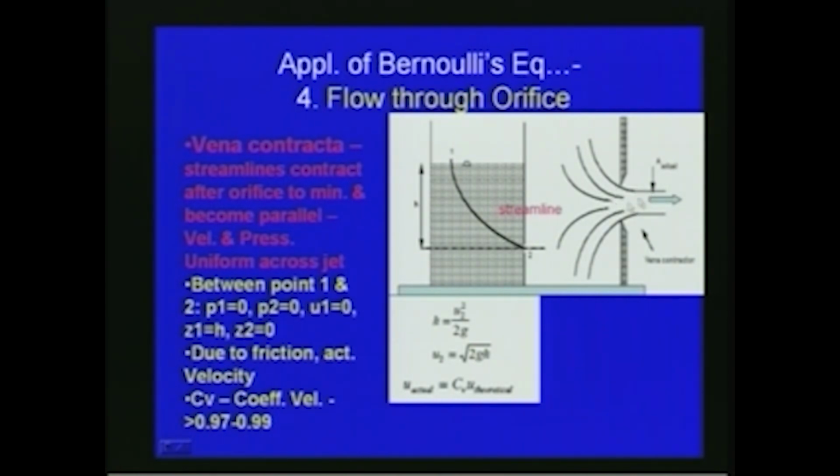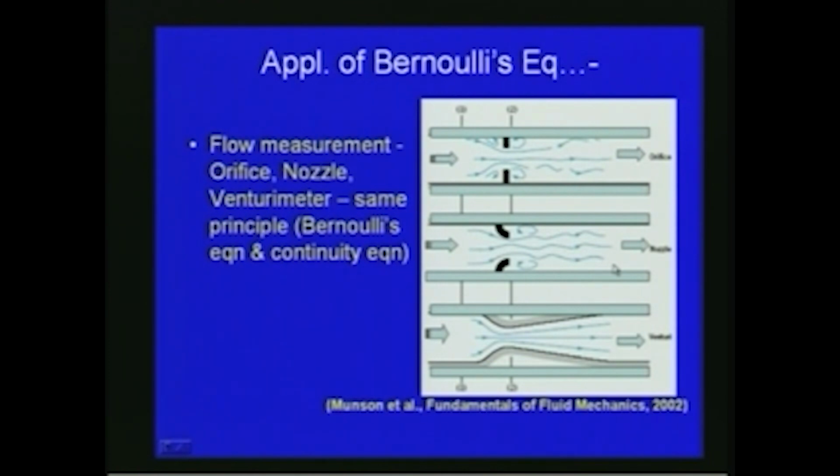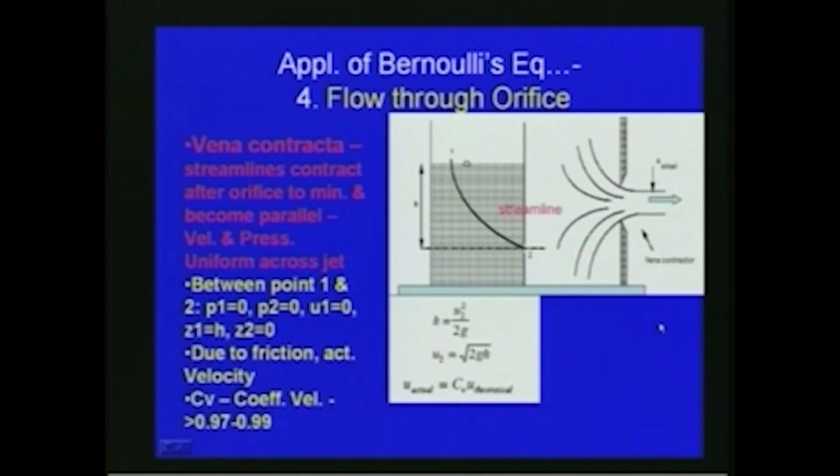This section is the so-called vena contracta. The vena contracta is where the streamlines contract after the orifice to a minimum and then become parallel like this. At this particular location, the velocity and pressure will be uniform across the vena contracta. As I mentioned, the orifice can be utilized for velocity or discharge measurement. The same principle is utilized there also.